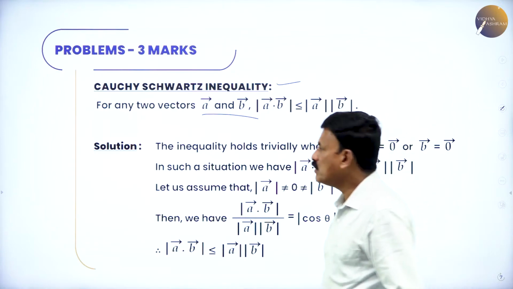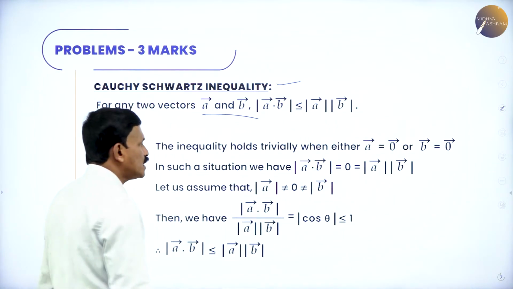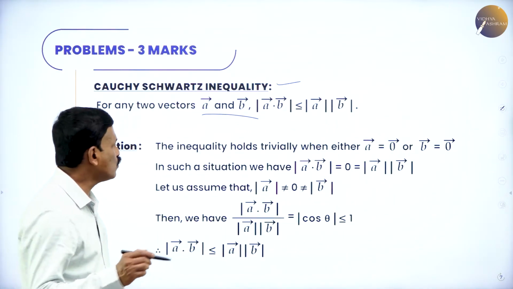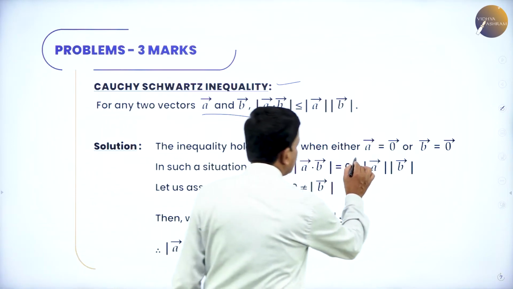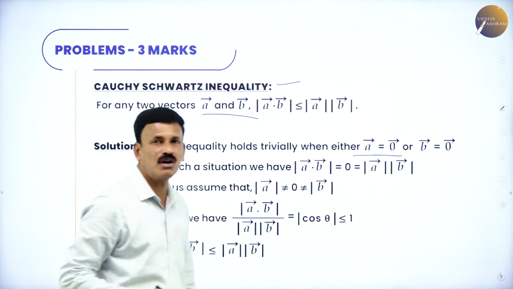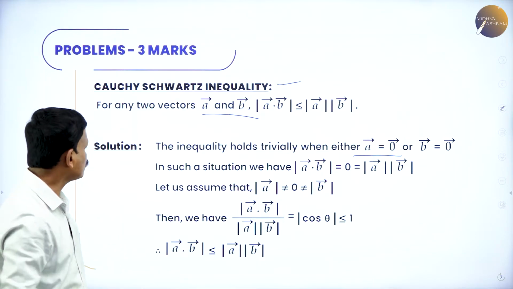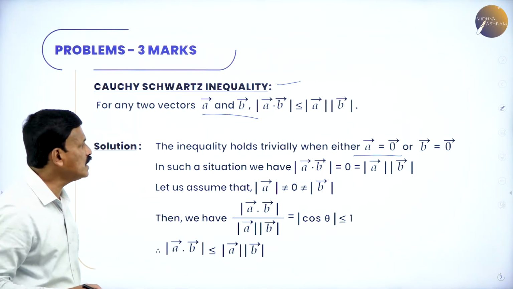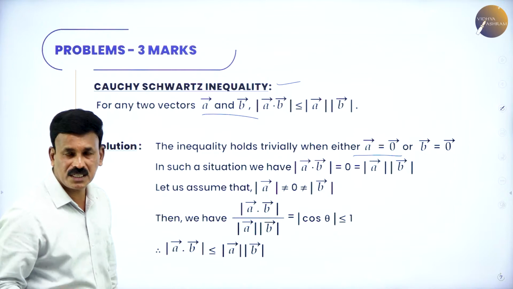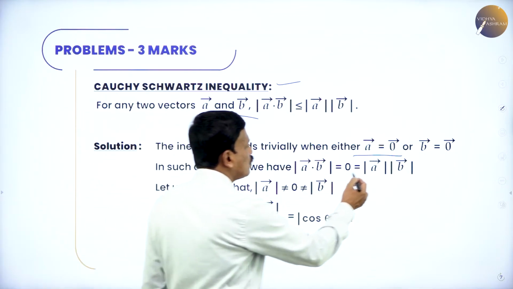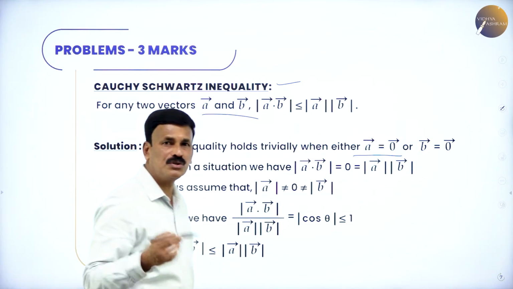Now, let us prove this. Let us consider that this inequality holds trivially when either vector A is equal to 0 or vector B is equal to 0.